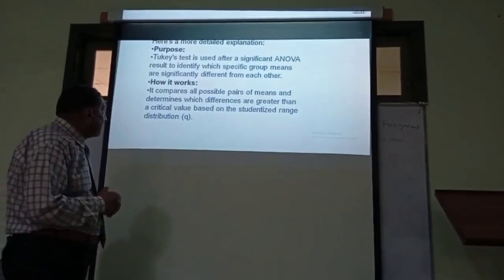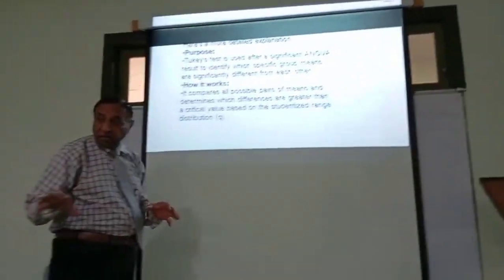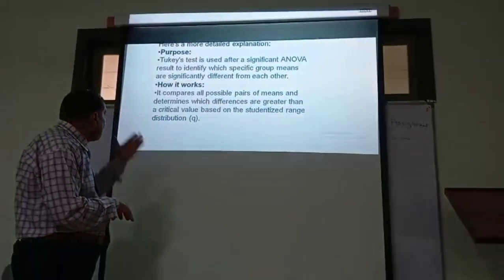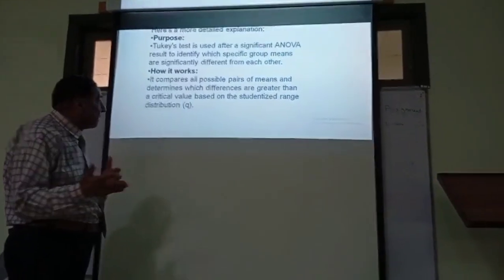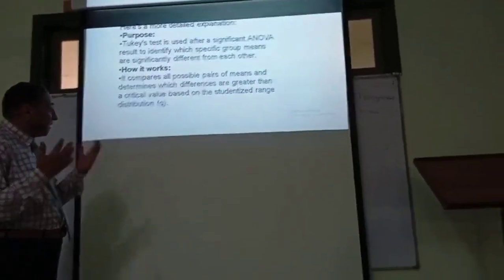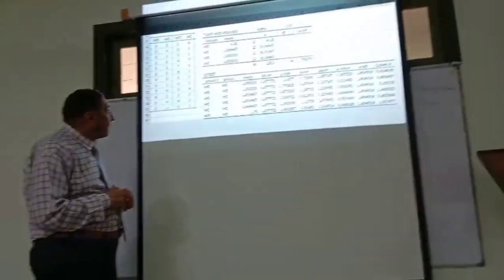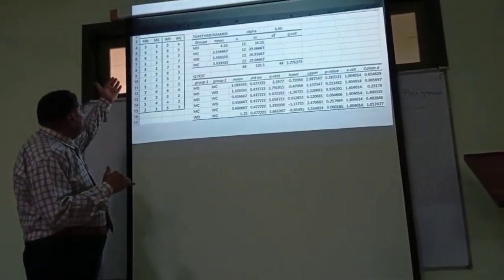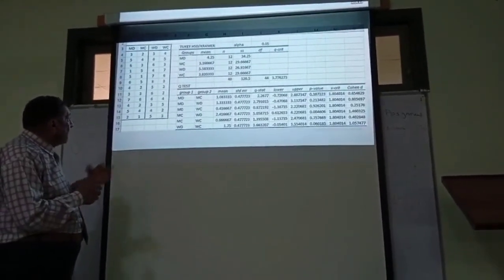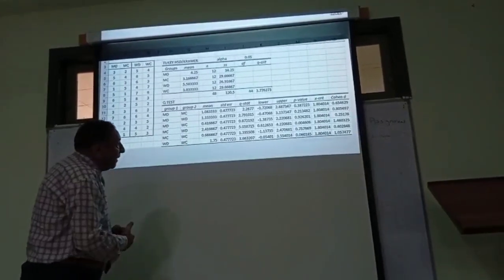Purpose: Tukey's test is used after a significant ANOVA result is obtained. First you will apply the ANOVA, then you will apply Tukey's test. How it works: it compares all possible pairs of means and determines which differences are greater than the critical value. Next. You can see that the treatments or groups are there, and they have developed a kind of data.